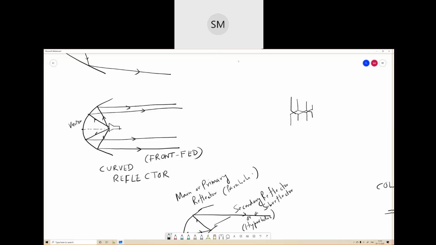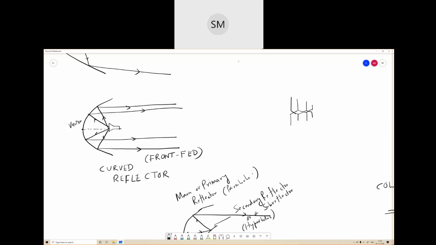The problem would be that, as we discussed, if the frequency is increasing, we are moving towards the right. If the frequency is decreasing, we are moving towards the left. But the focus is the same point, right? For the antenna to function well, as we have discussed, the feed should be in the focus. But if the active element moves with the change of frequency, obviously it will be out of focus for most frequencies.